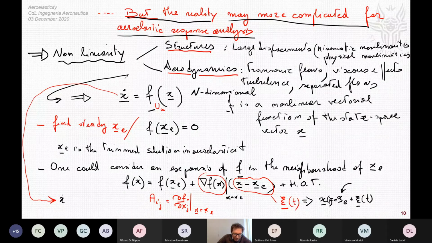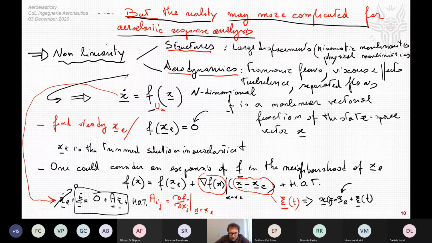since the derivative of x equilibrium is 0 by definition of equilibrium, you have that xi dot is equal to this quantity. I am expanding f, so I have f at equilibrium, but f in the equilibrium is 0, remember, so we have 0 plus A xi plus higher order terms. And what is this?